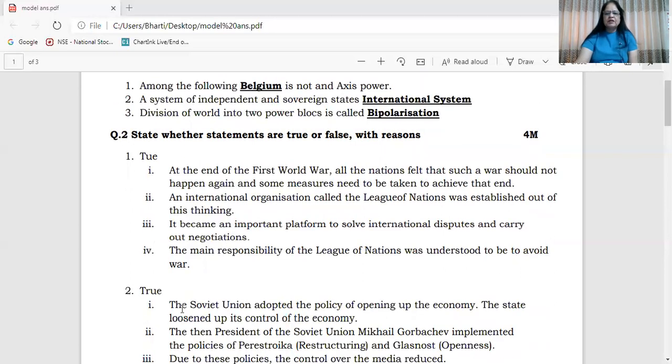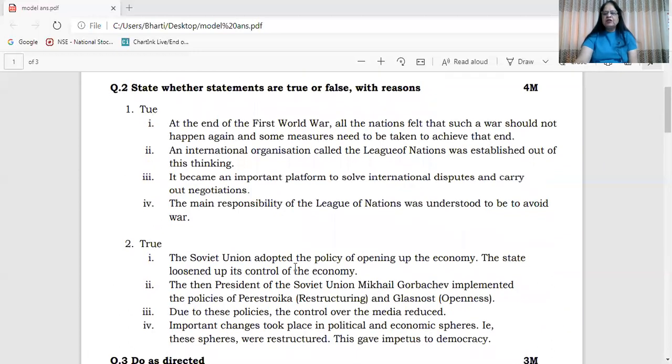Second question, again the second one is also a true statement. Soviet Union adopted the policy of opening up of economy. The state loosened up its control of the economy. First reason. Second reason, the then president of the Soviet Union, Mikhail Gorbachev, implemented the policies of perestroika, means restructuring, and glasnost, openness.